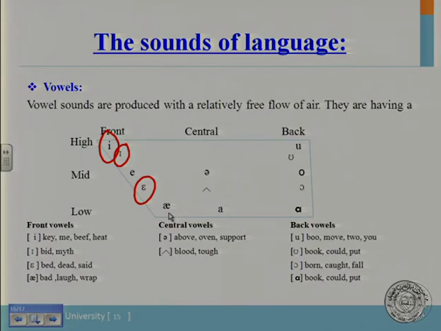Now, if you open wider, you'll have the sound as in hat, bad, laugh, rap, and the symbol here is this one.